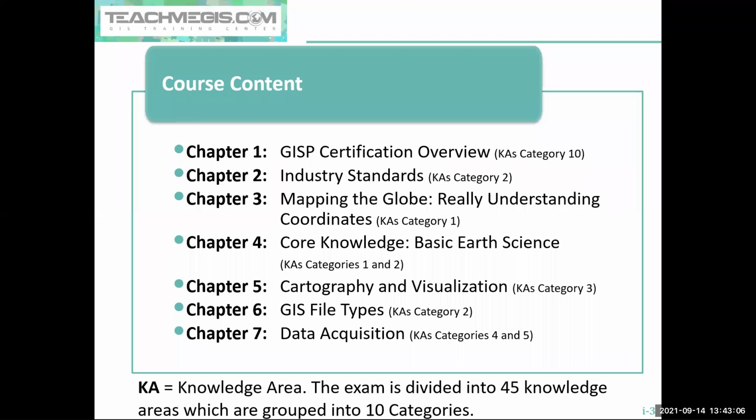What are the projections that sit behind those state plane coordinate systems? I'll get it right in a minute. We'll talk all about projections and datums, really understanding those so that you can answer the questions on the exam.